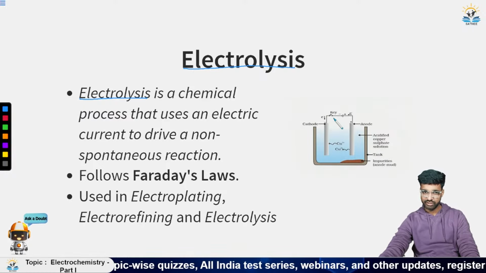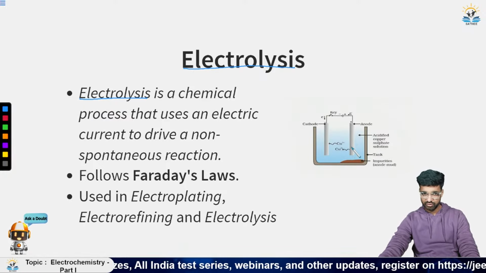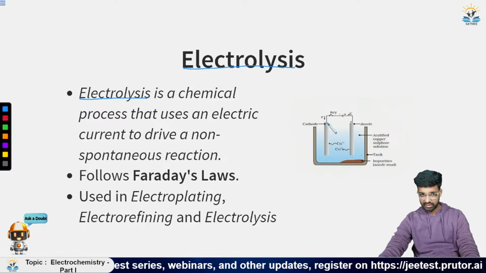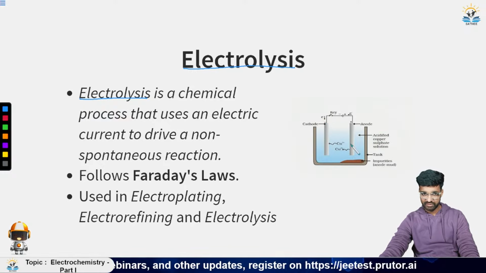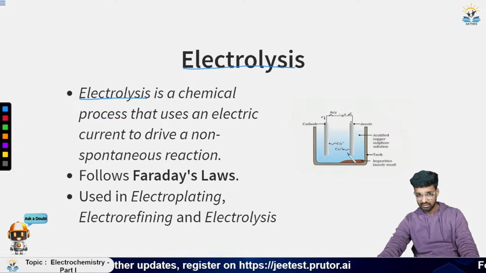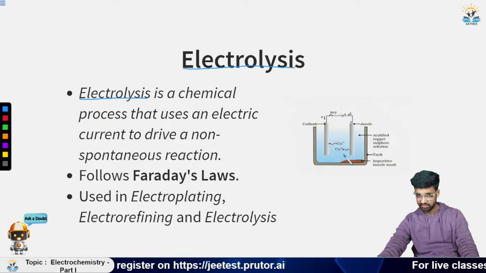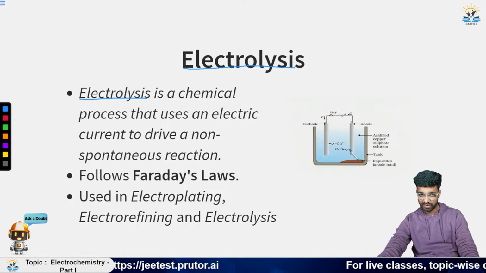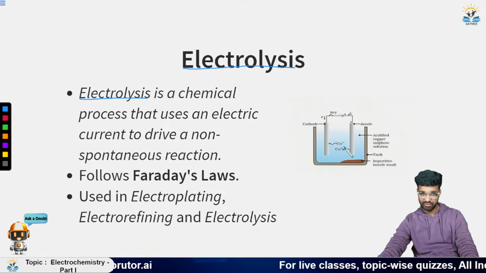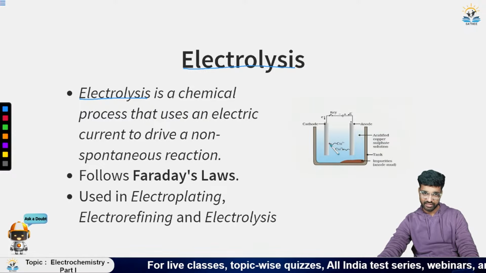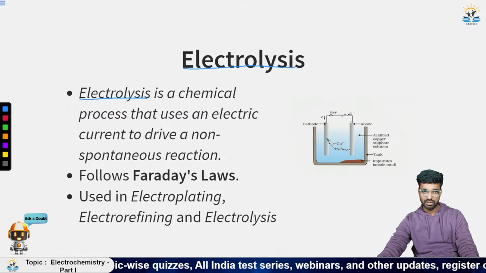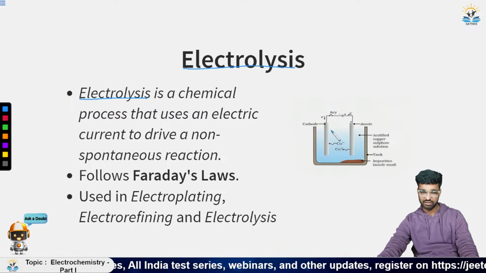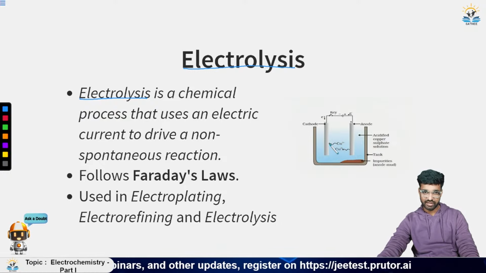Now we turn on the switch, that is the key here. Due to this, one plate is negatively charged and the other is positively charged. Now Cu will release two electrons, and after releasing two electrons, it will be converted into an ion. Now this ion will move toward the negatively charged cathode and get stuck to it.